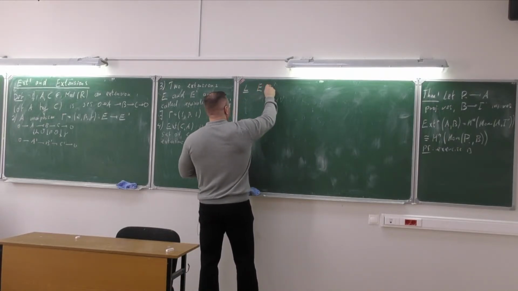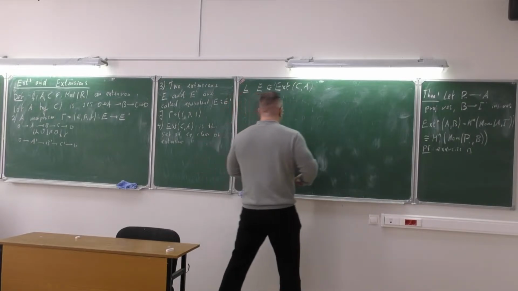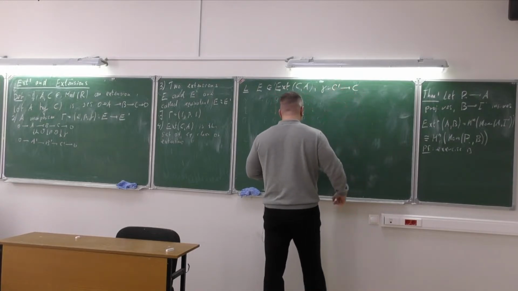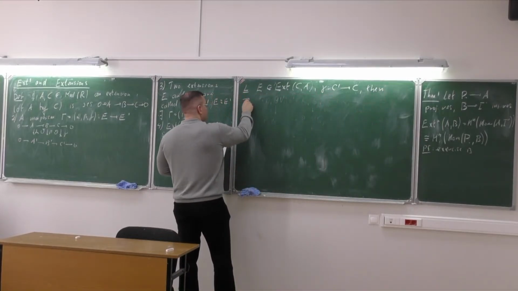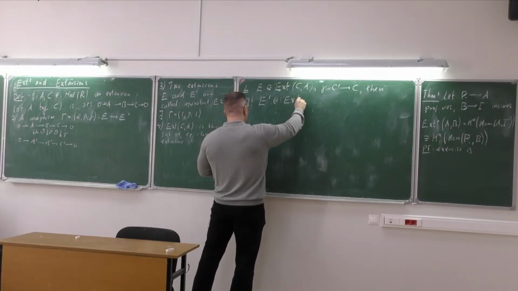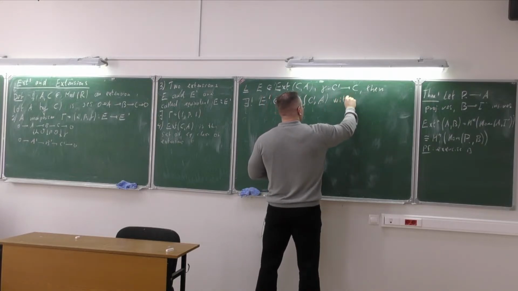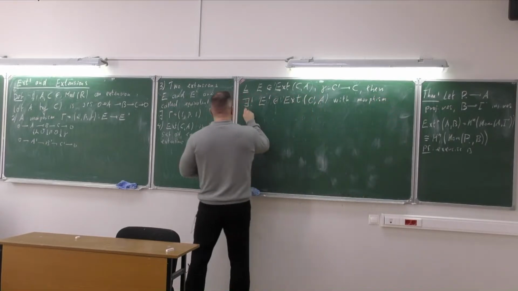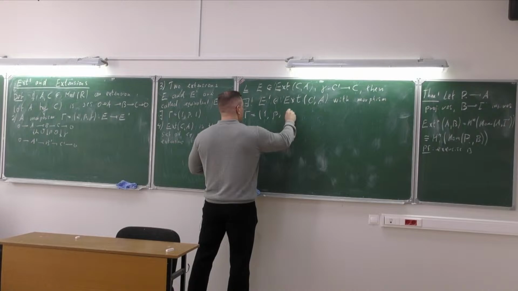So I have E, which is an element in the Ext of C, A. And I have a map gamma, just a map of modules from C prime to C. So then there is a unique extension E prime that lives in the Ext of C prime, A, with morphism gamma, which is 1, some beta, and little gamma.